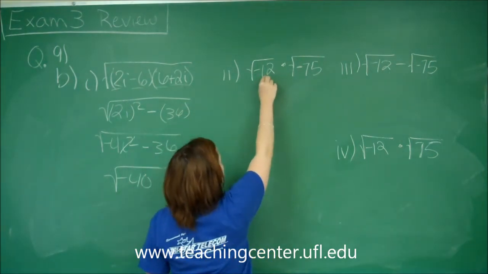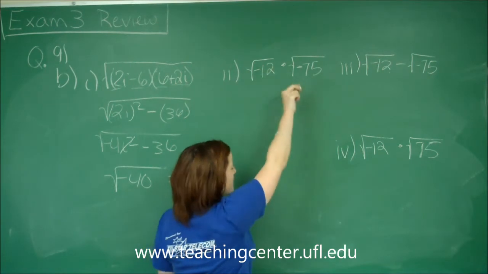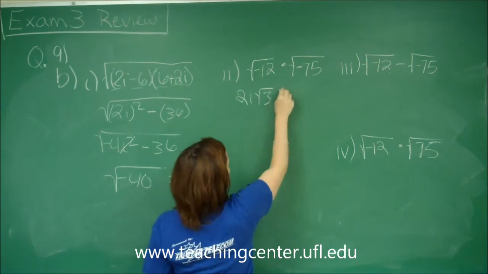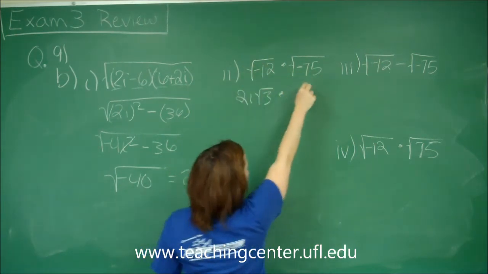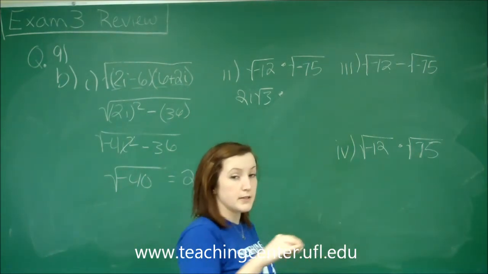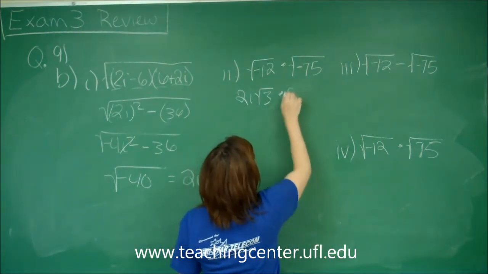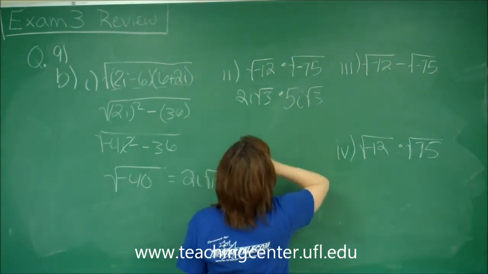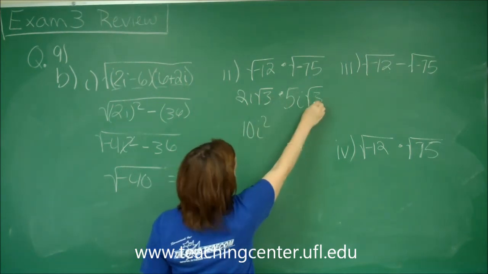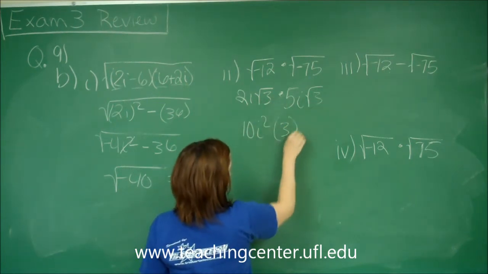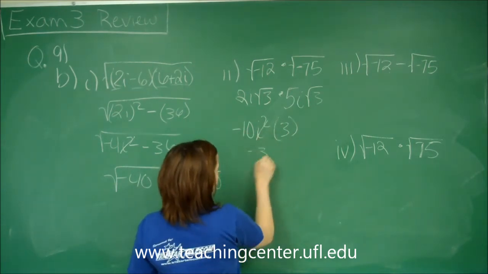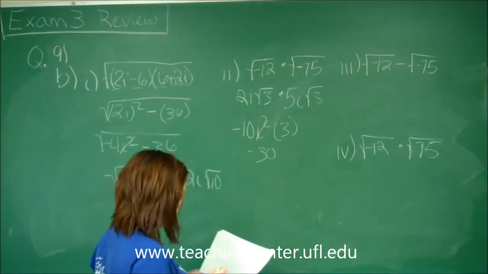So we know that this is -4 times 3, so we can bring this out as a 2i square root of 3 times, and then 75 is -25 times 3, so we can bring the -25 out as 5i square root of 3, and to multiply these together we get 10i squared, and then square root of 3 times square root of 3 is just 3, so that's I squared, we know is negative, so -10 times 3 is -30. And so that's part 2.